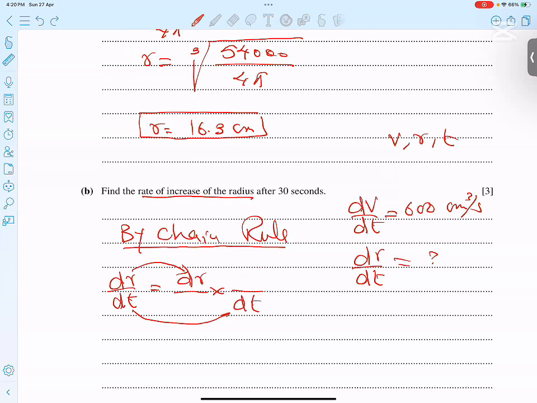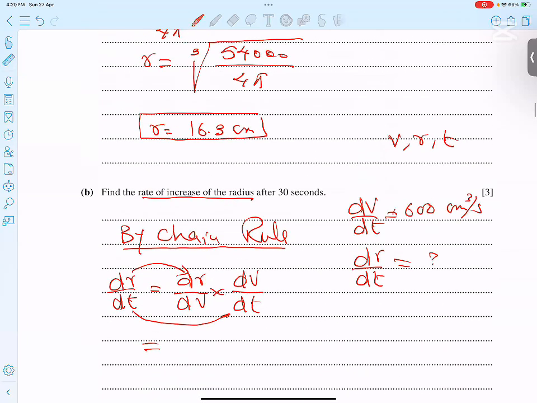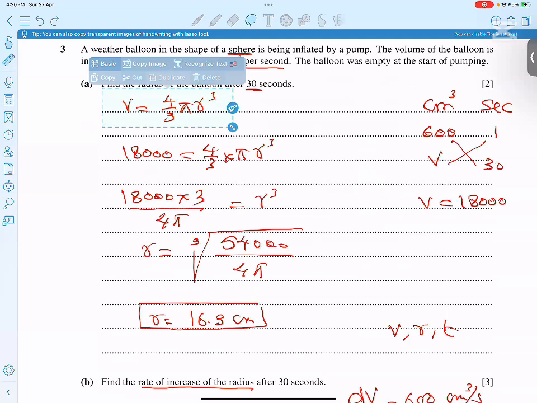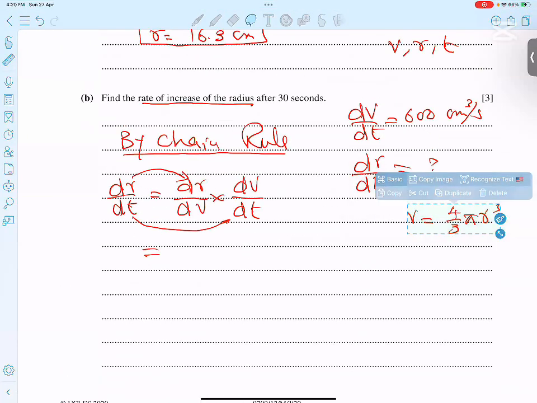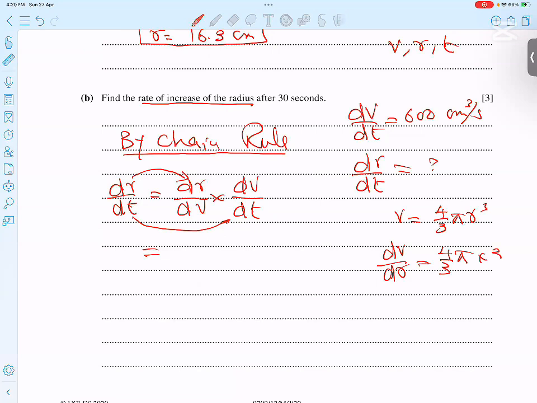Volume is left, so dV here and dV here. Okay, dr over dV. We already have dV over dt, but I need volume in terms of radius. So I will differentiate, you know very well, dV up and dr down. 4 pi, 3 copy, and 3 comes down, power 1 less. 3 cancels, 4 pi r square.